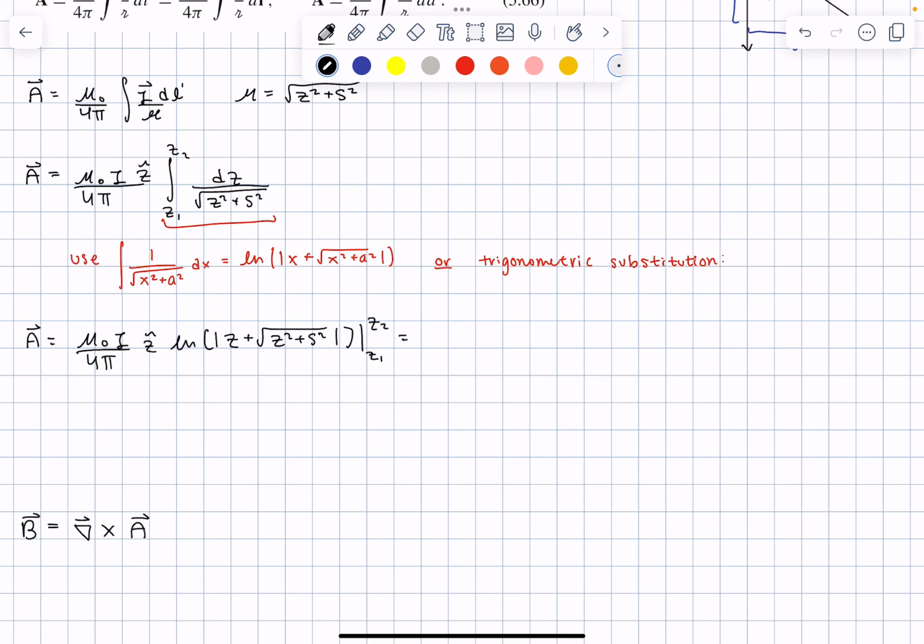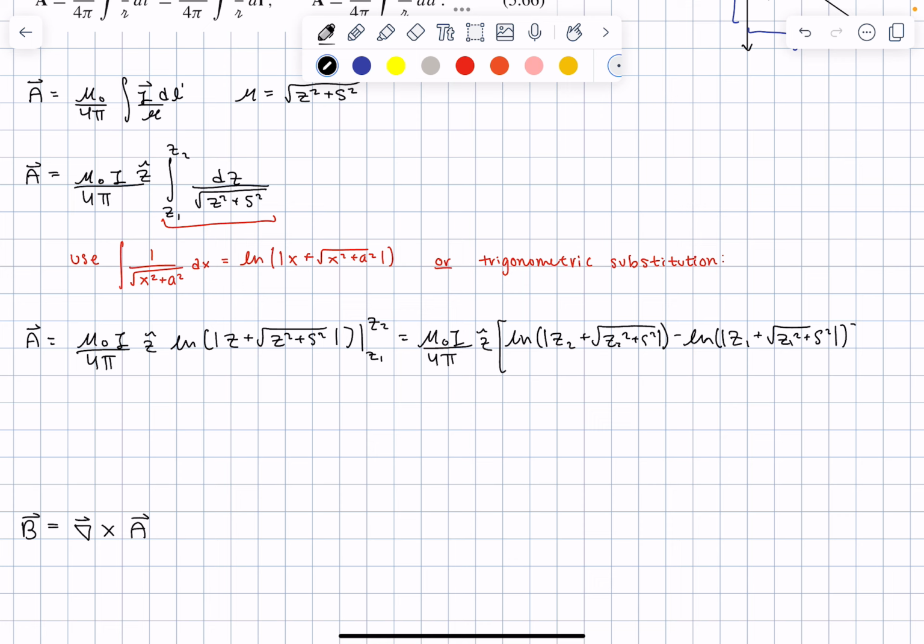And then plugging that in, we'll get mu naught I over 4 pi z-hat, and then ln of z2 plus the square root of z2 squared plus s squared, and then minus ln of z1 plus the square root of z1 squared plus s squared.